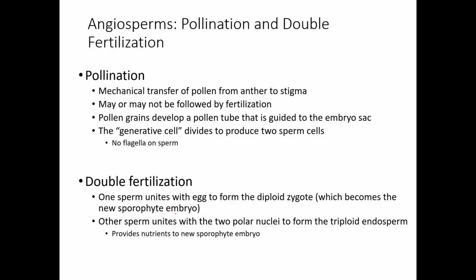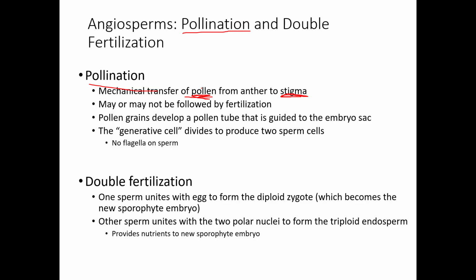Okay, so I'm just going to emphasize again a couple things that I mentioned. Pollination is defined as when the pollen touches the female part of the reproductive structure. So pollen is the male part. In the case of the flowering plant, stigma is the female part.